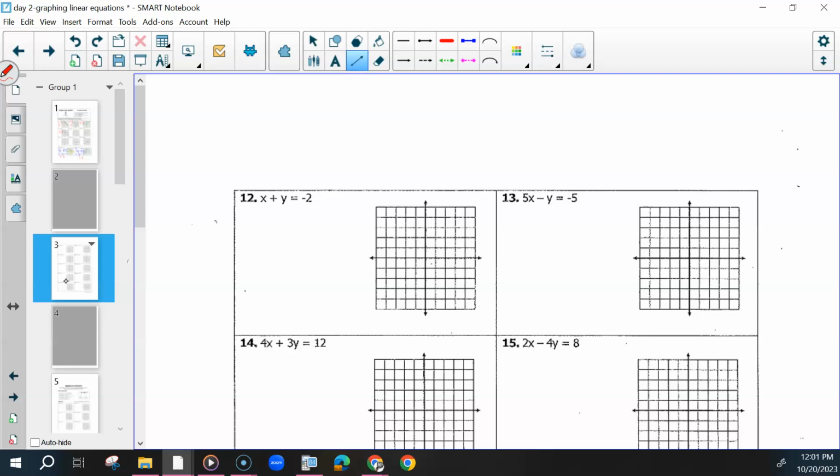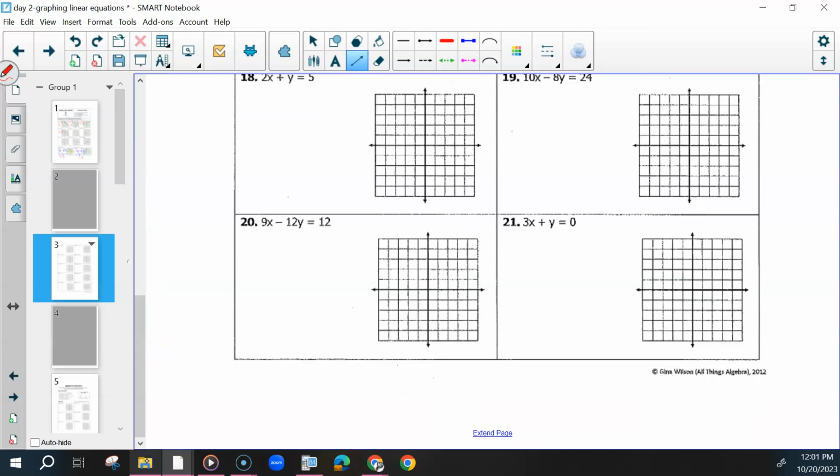Go on to the next page. I want you to try these last two, 20 and 21. When you have done those two, listen. After you've done those two, raise your hand, I'll come check them.